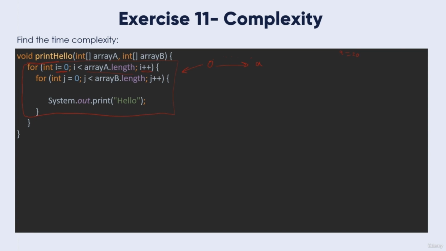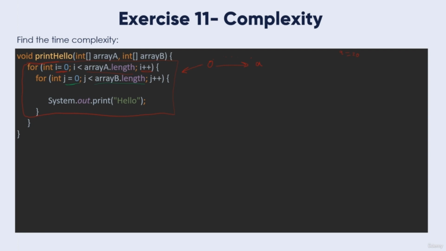Now, let's go to the inner loop. The inner loop starts from j equal to 0, stops at j less than array B dot length. Note that the trick in this question is that we have different array lengths. So the length of array A may be less than, equal to, or greater than array B dot length.